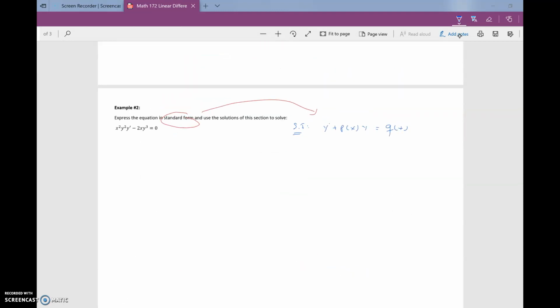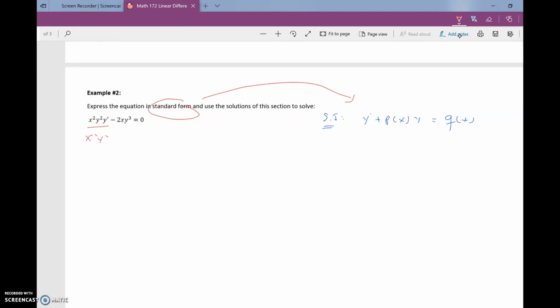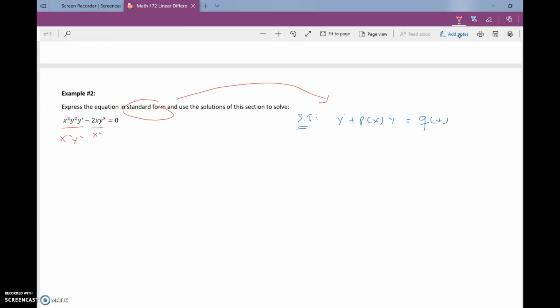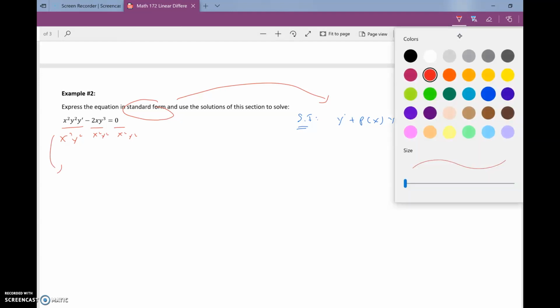So on this particular one, what I'm going to do is divide by x squared y squared, and we're assuming that we're dividing by a value that happens to be not 0.